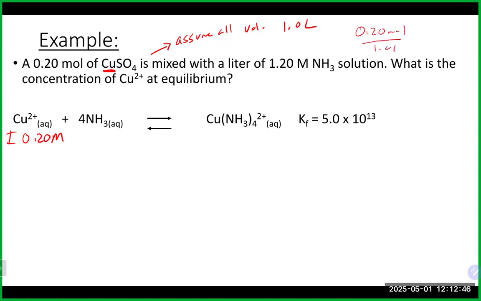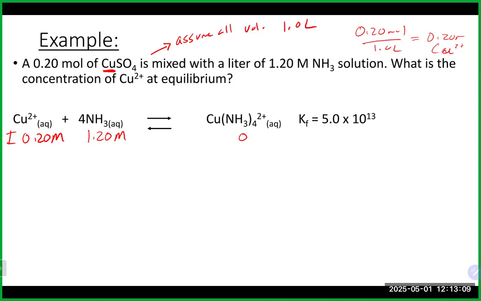So 0.2 moles divided by 1 liter gives us 0.2 molar for our copper. For our ammonia, it's going to be 1.2 molar. And we're going to have 0 for the complex ion. So you do need to do an ICE table like normal.